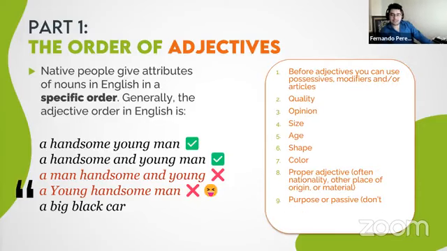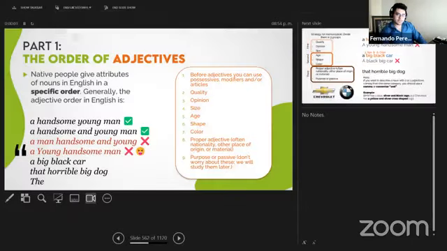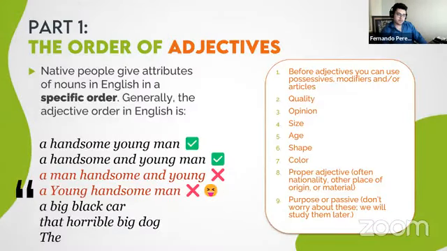Let's say, for example, article: the. Quality: rugged. Opinion: fascinating.